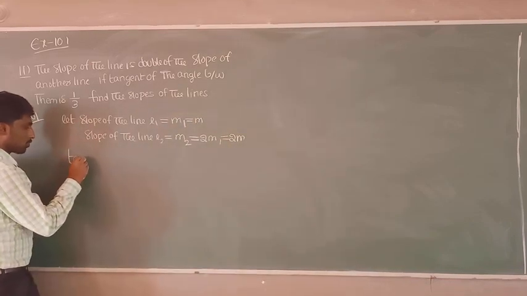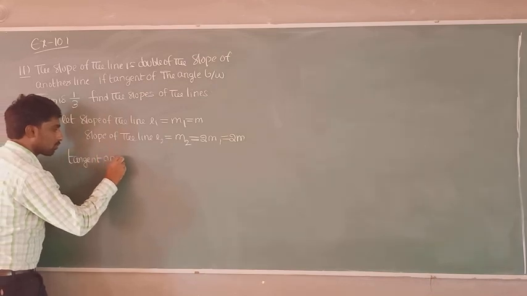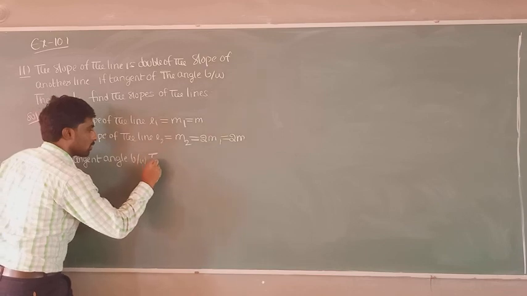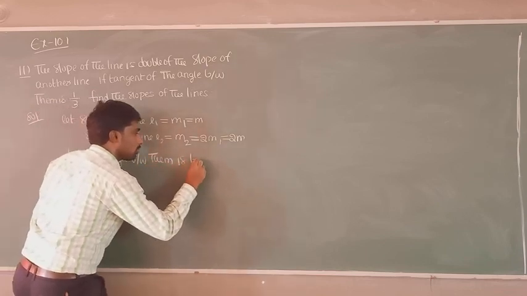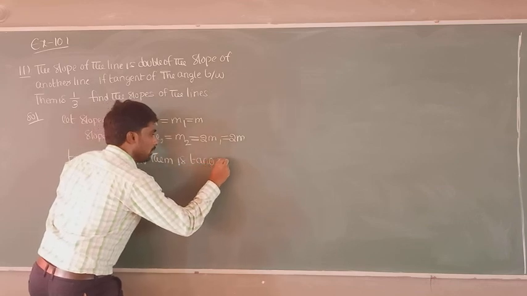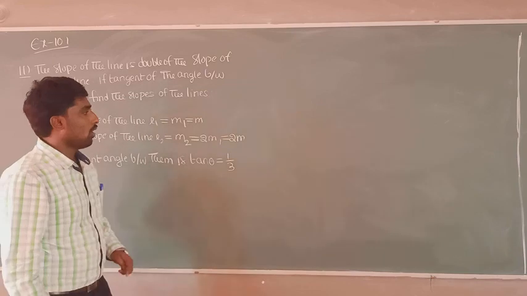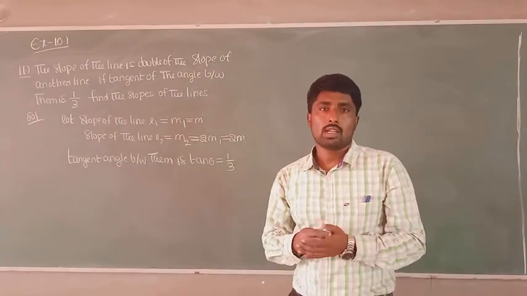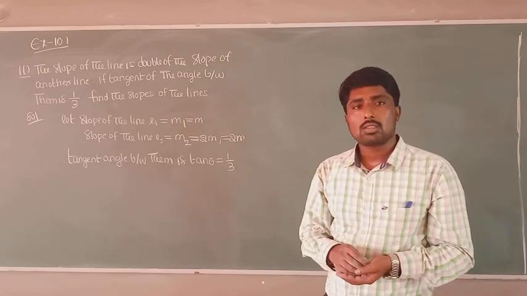Next, the tangent of the angle between them is tan theta equal to 1/3. Is it clear, everyone? Now all of you observe the formula to find the angle between two lines: tan theta equals modulus of (m2 minus m1) by (1 plus m1 m2).